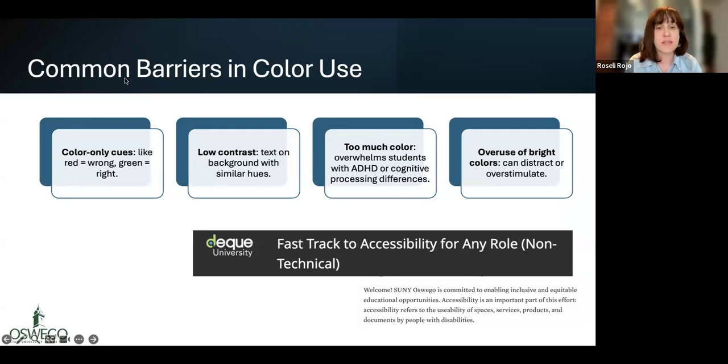I recommend for those of you that will be starting on this path in accessibility the Fast Track to Accessibility for any role, which I think is very useful. You will see multiple short videos that tackle particular ideas on those 5 basic principles for accessibility.